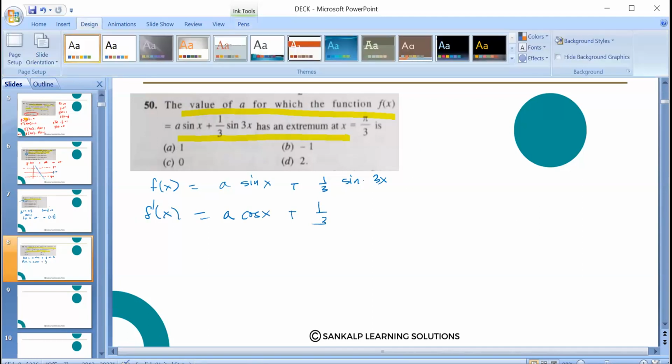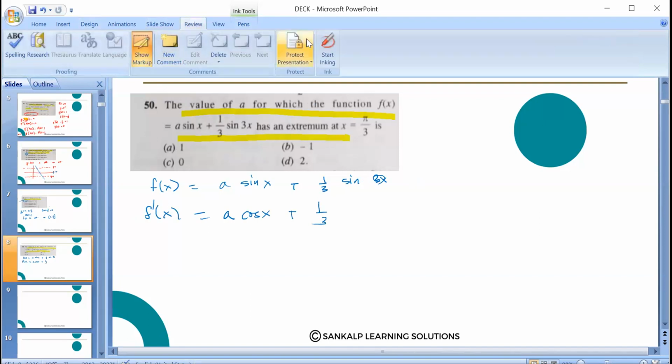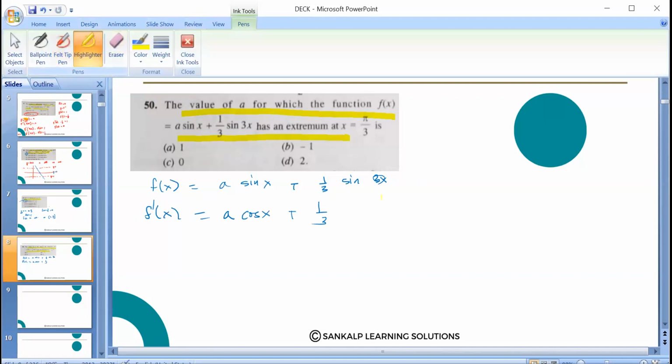So you have to use chain rule to find the derivative. Sin derivative is cos 3x. Derivative of 3x is 3. This f dash x has to be 0 for extremum.